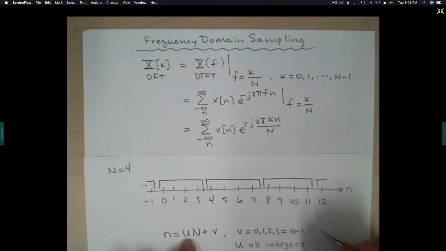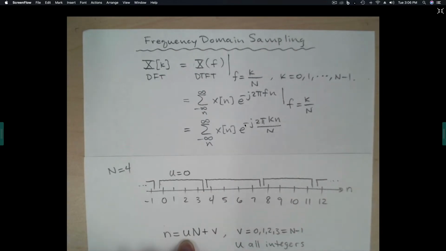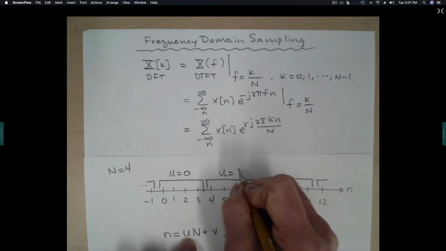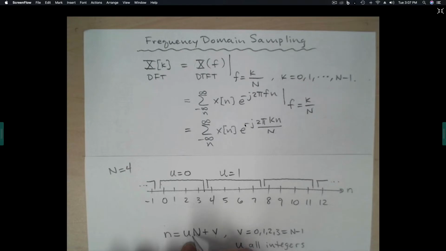If we were to label these chunks, this would be the u equal to 0 chunk, and within that chunk v takes on the numbers 0, 1, 2, 3. When u is 0, this quantity is 0, so n takes on the values 0, 1, 2, 3 as v takes on those values. And then when we let u equal 1, we have 1 times 4, so this is the number 4, and then v goes 0, 1, 2, 3.